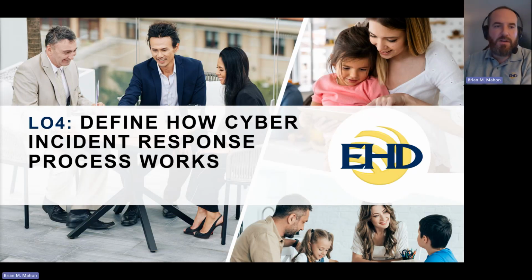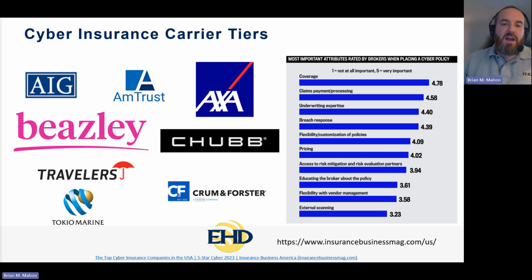All right, so let's start wrapping all of this up, defining how the cyber incident response process works. Well, it really starts with these guys, these cyber insurance carriers. If you have a robust insurance carrier with a good policy, you'll find they all come with a 1-800 incident response hotline.